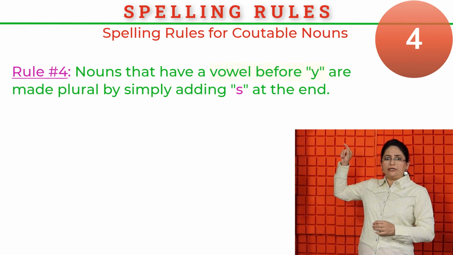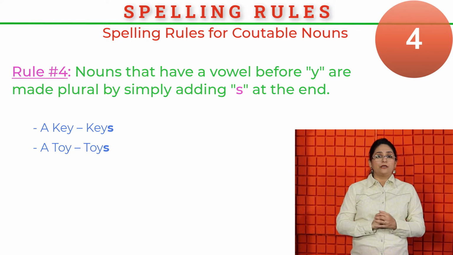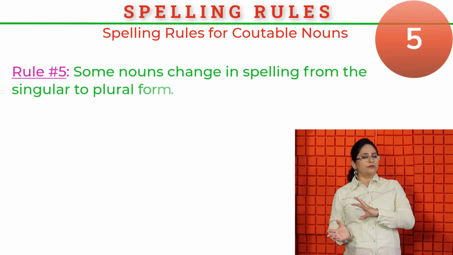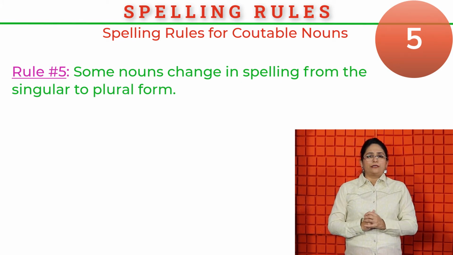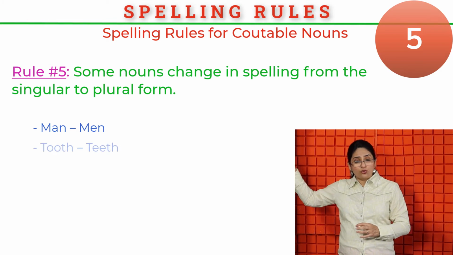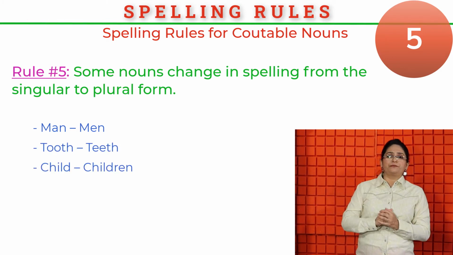Check it. A key, keys. A toy, toys. Some nouns change in spelling from the singular to plural form. Examples are man, men, tooth, teeth, child, children.